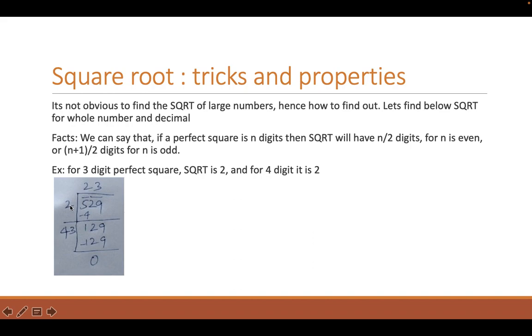Now this is how you figure out the square root. Below, you put 2 and the 2 squared, 4, you keep it here, and then you need to match up to 129. So 3 here, and you put 3 there, and that gives 129, the remainder is 0. So that says 529 is a perfect square. And what is the square root? 23. That's how you take it.